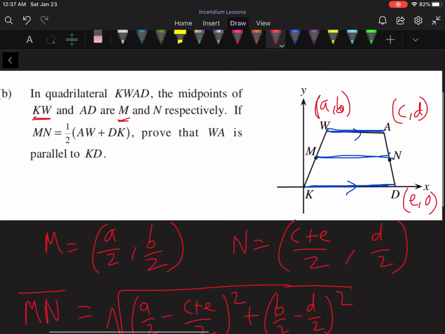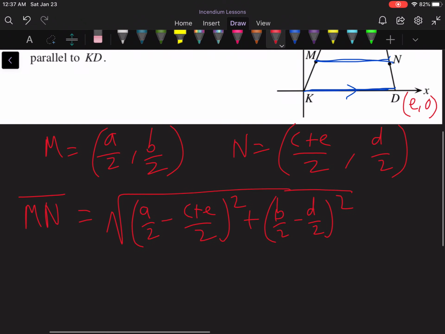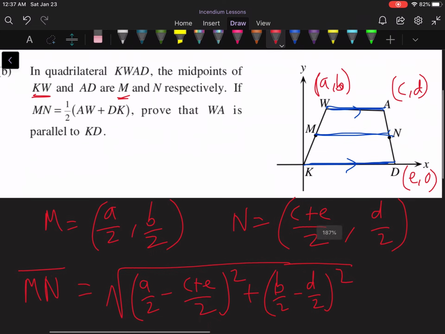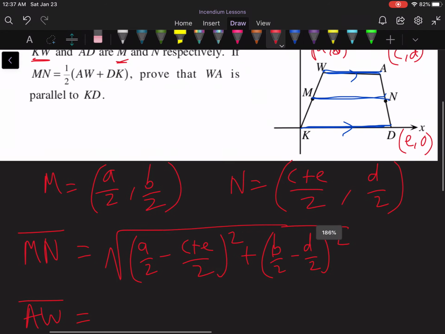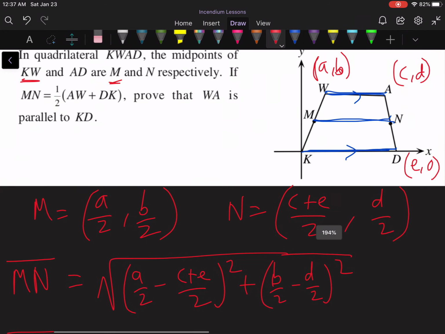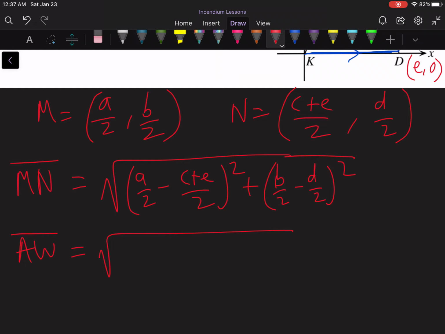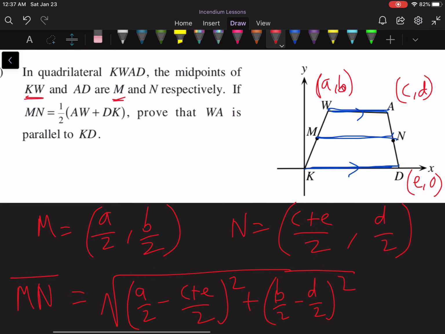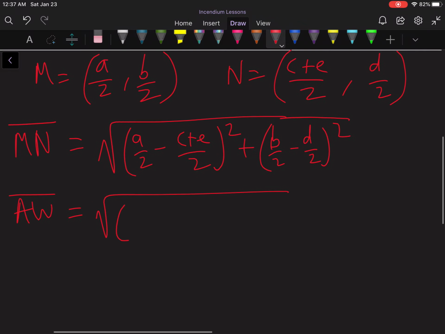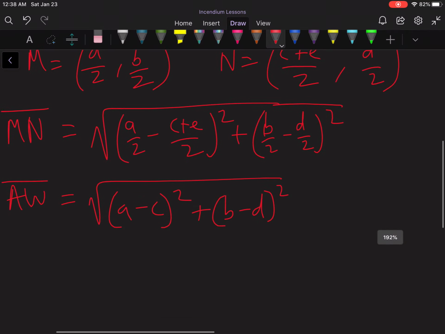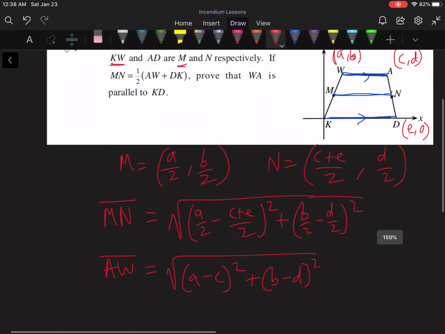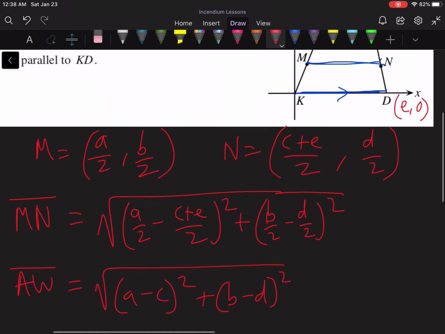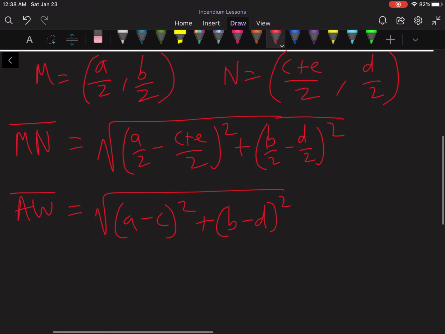Next, let's find the length AW. In terms of our variables, that length turns out to be the square root of A minus C squared plus B minus D squared. Make sure that's right. Yep, that's right. Perfect. And the last thing is DK.